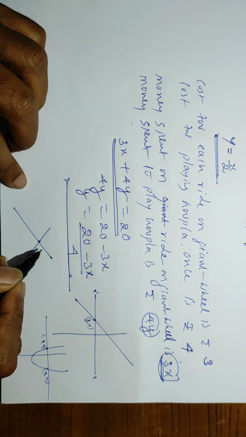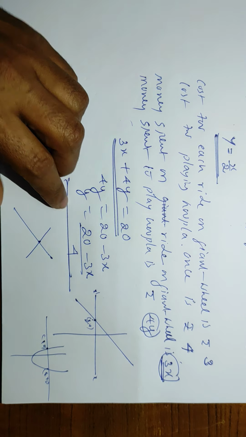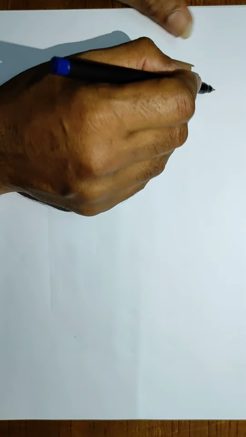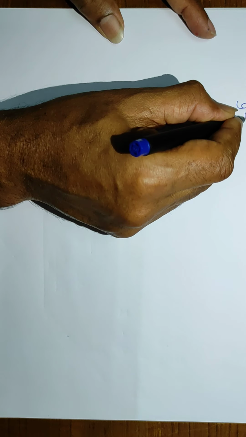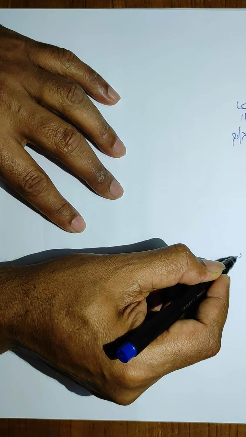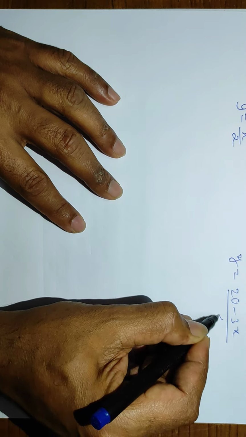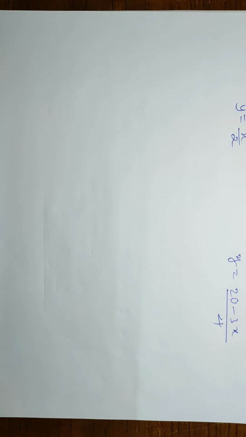But here we consider the point of intersection of both the graphs. So here we have two equations, y is equal to x by 2 and y is equal to (20 minus 3x) by 4. So let me draw the graph for this.